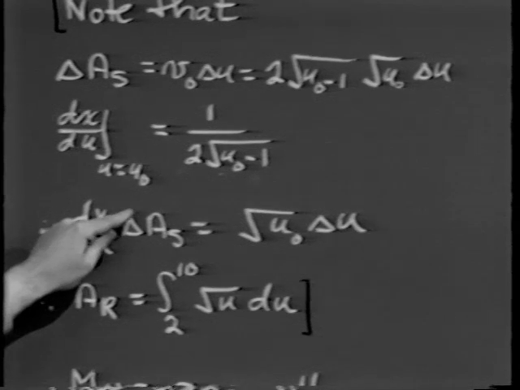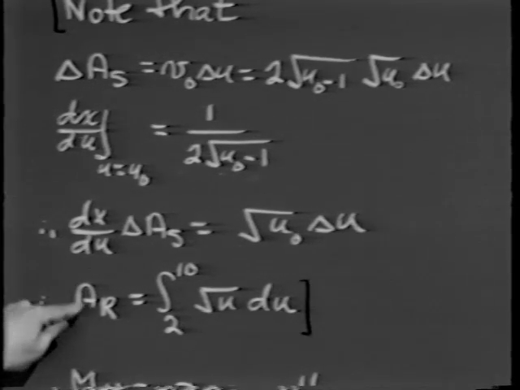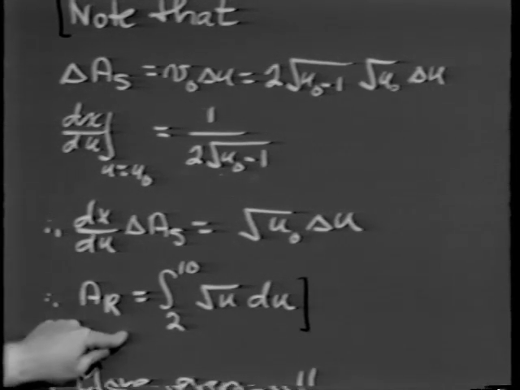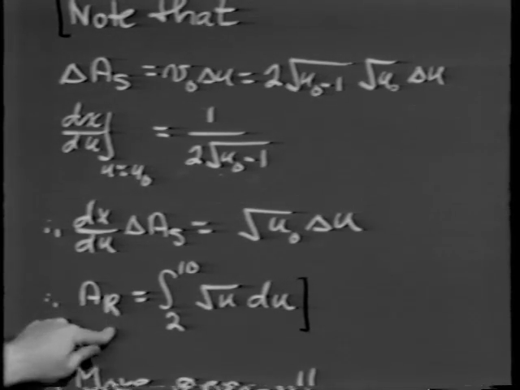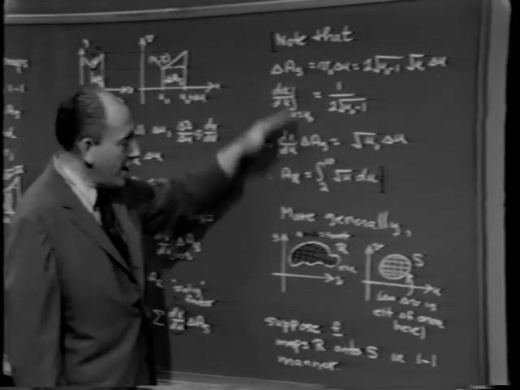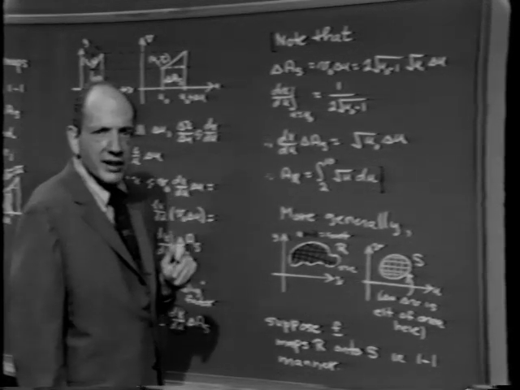And since this particular sum was equal to A sub R, that is the mapping interpretation of why the area of the region R can be evaluated by this particular integral. Now, in a sense, all of this has been reviewed, even though the pitch has been slightly different.